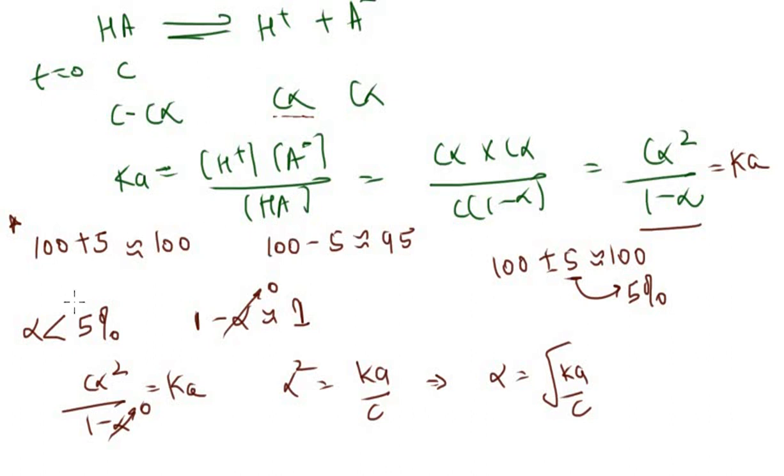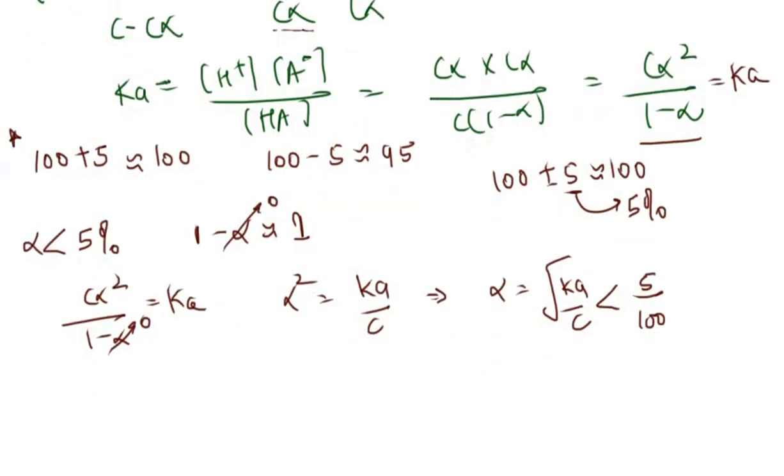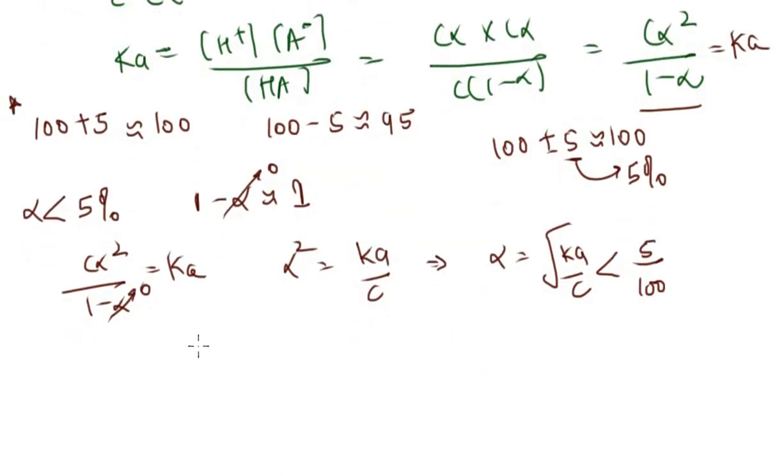Now we have neglected alpha with respect to 1, which means alpha should be less than 5 by 100. If it is less than 5 by 100, Ka upon C should be less than 25 by 10,000, that means 25 into 10 to the power minus 4.